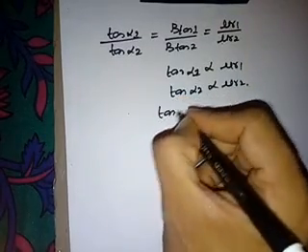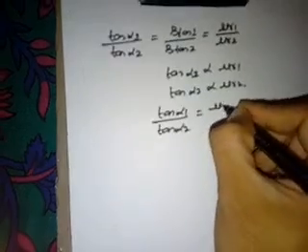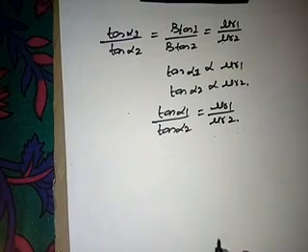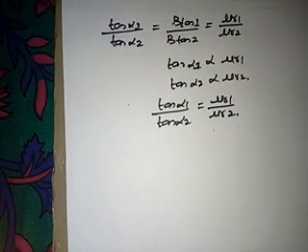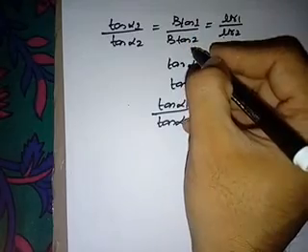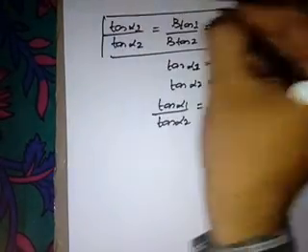So this is our final equation: tan alpha 1 by tan alpha 2 is equal to B tan 1 by B tan 2, which is equal to mu r1 by mu r2, right?